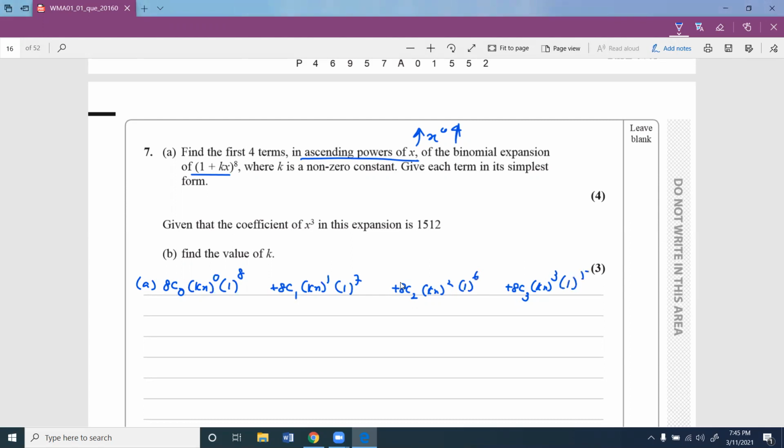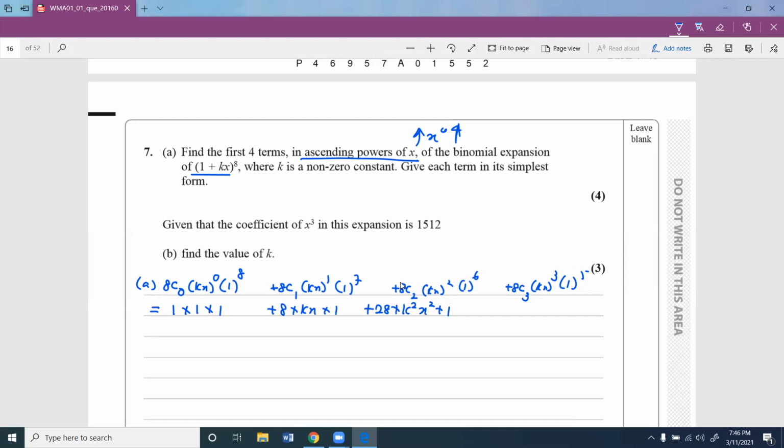Okay. From here, you know that 8C0 is 1. 8C1 is 8, kx into 1. Then 8C2 is 28, into k squared x squared into 1.